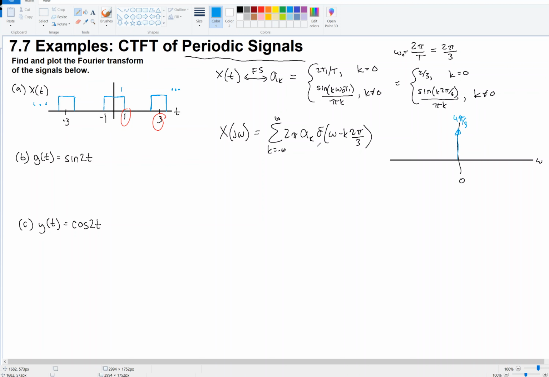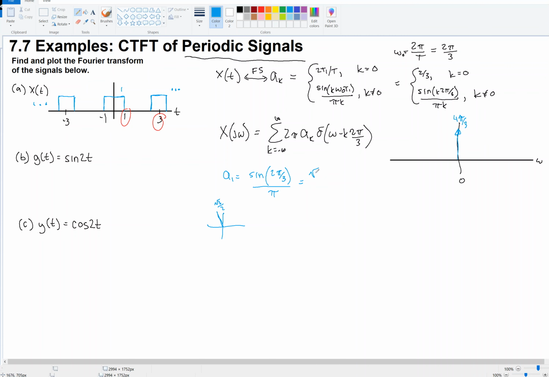Now for the k equals 1 term, we plug in 1 to this guy here. So this would be a_1 is equal to sine of 2 pi over 3 over pi. So sine of 2 pi over 3, let's think of the unit circle. I think the sine of that is root 3 over 2.